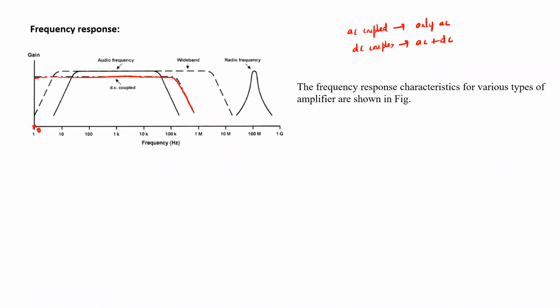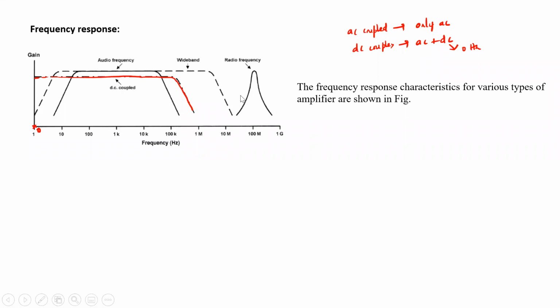Get that point? So for DC coupled amplifier, it is AC as well as DC, so there will be some gain even for 0 hertz. DC means 0 hertz. Here the frequency is in hertz, so this is 0 hertz. We have some output at 0 hertz also, and that happens only with DC coupled amplifier.